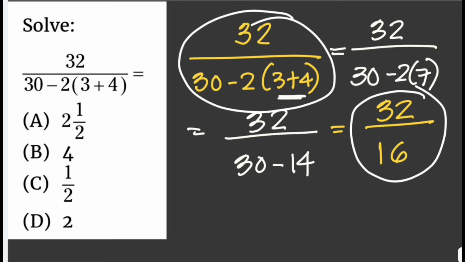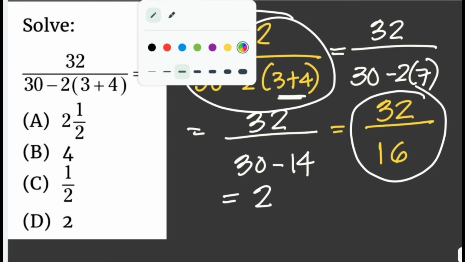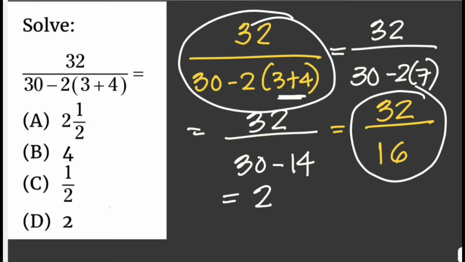And 32 over 16 can be further reduced since 32 and 16 have common factors, and 32 is divisible by 16. So 32 over 16 is just equal to 2. So the answer here is letter D.